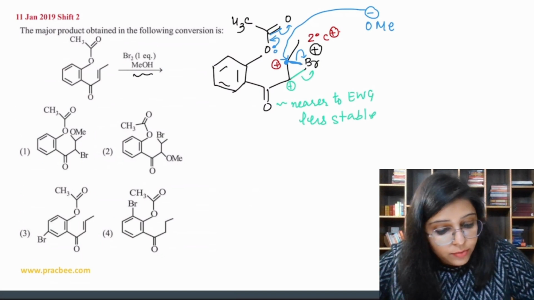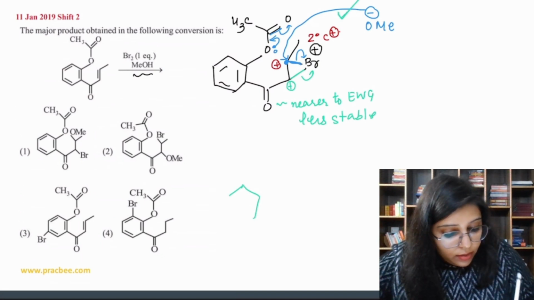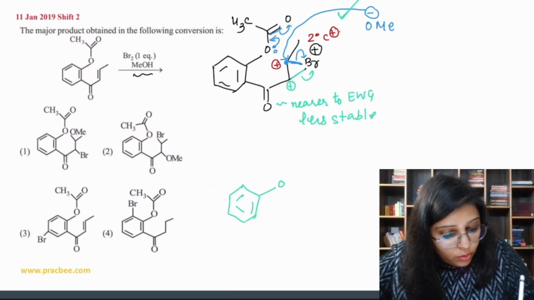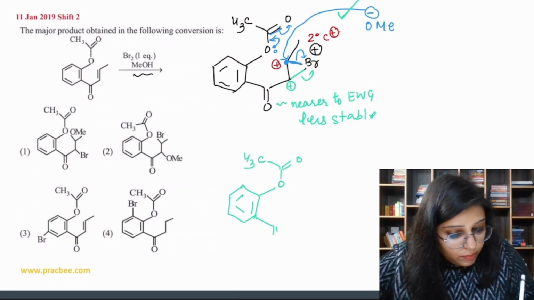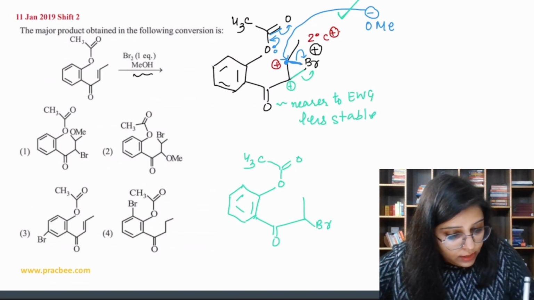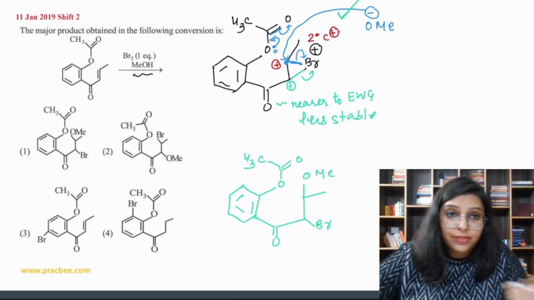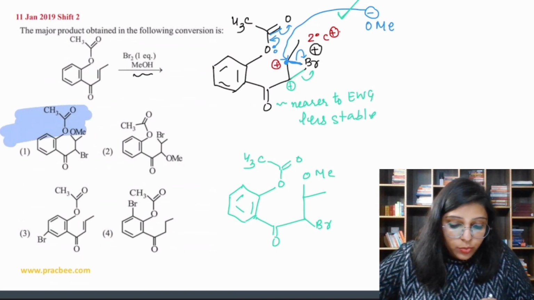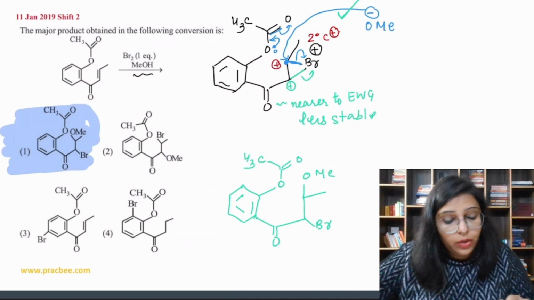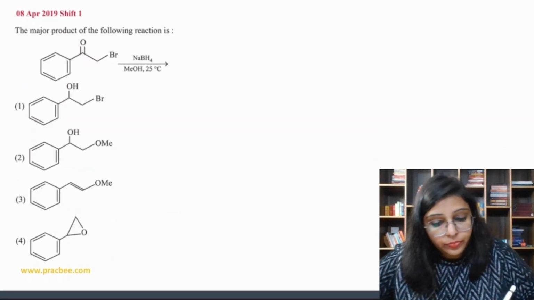So that's why we have to do the attack on the other carbon, and by doing that attack we get O double bond OCH3 and here double bond O, Br, then CH2CH3 and OMe. Okay? So let's find out the correct option. Option 1 is going to be the correct answer.